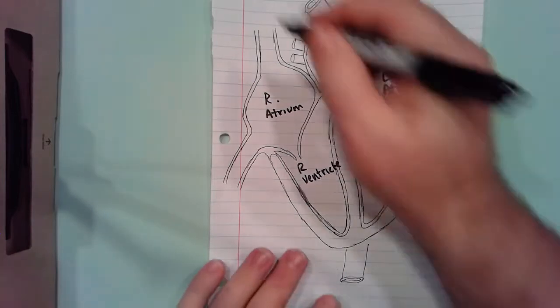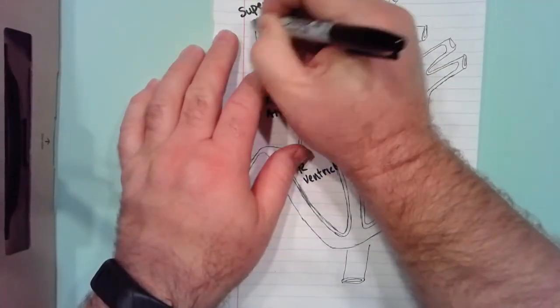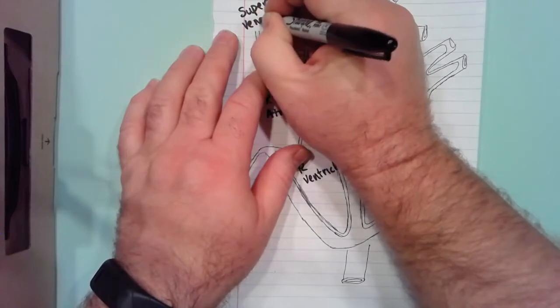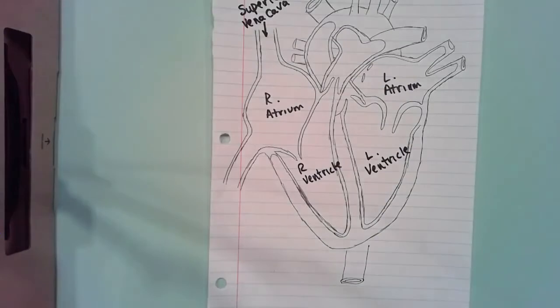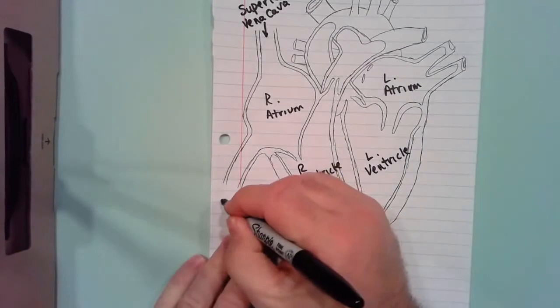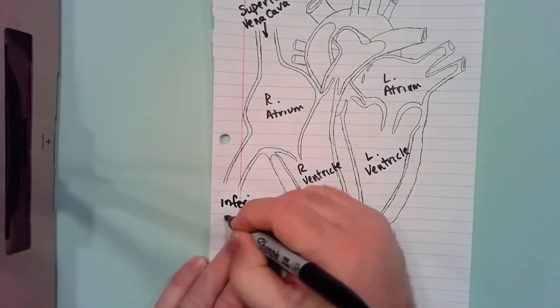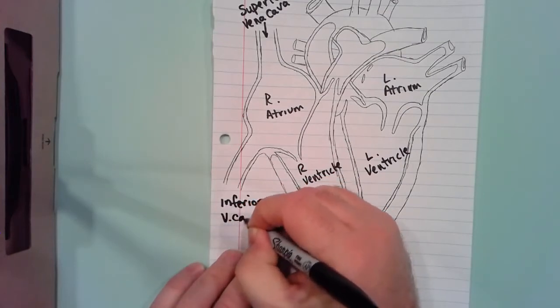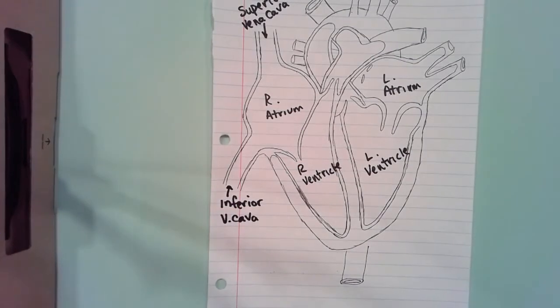There is a superior vena cava and an inferior vena cava. Of course, superior is above and inferior is below.